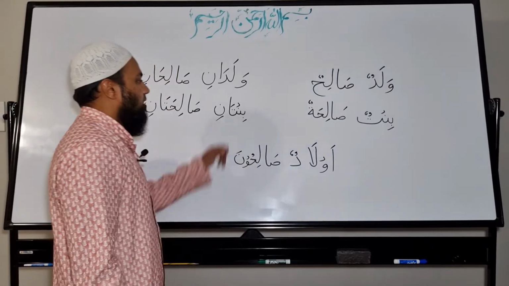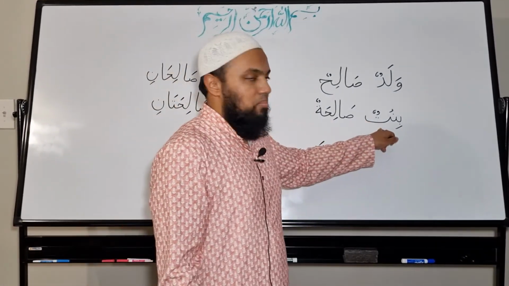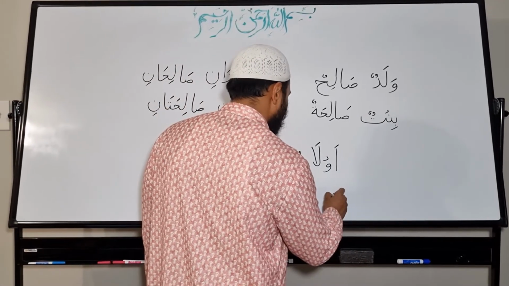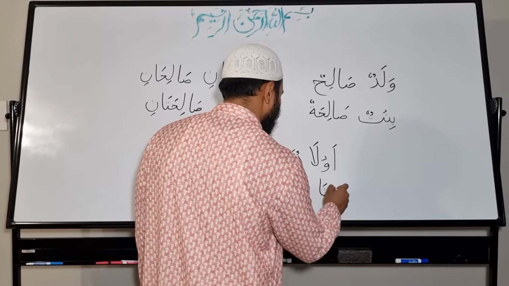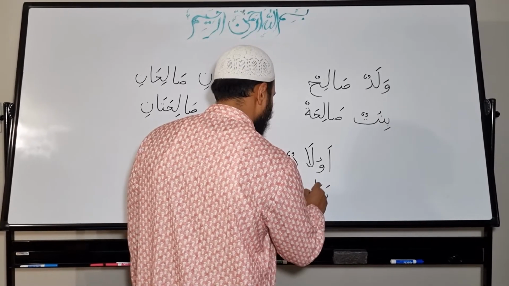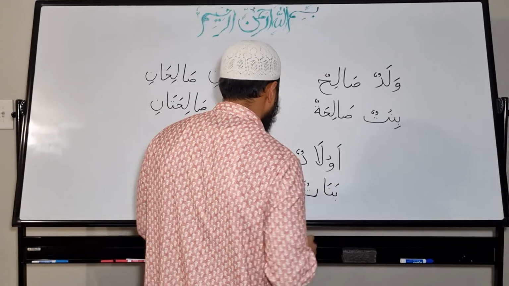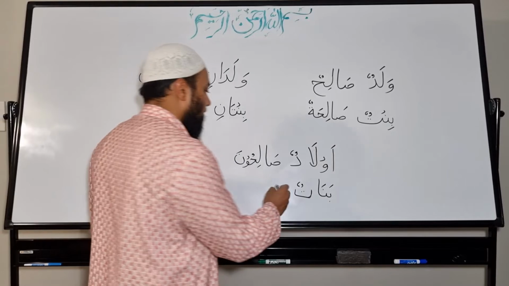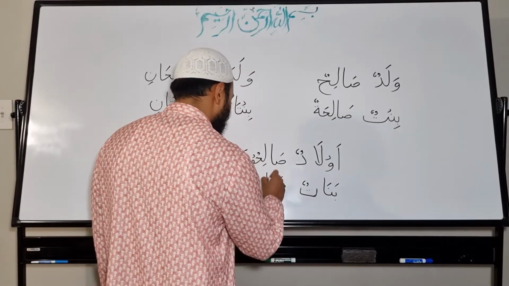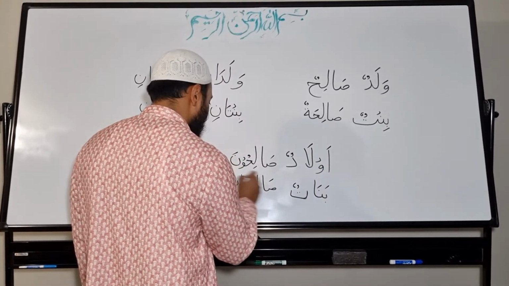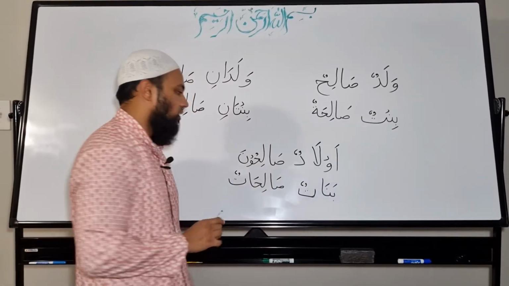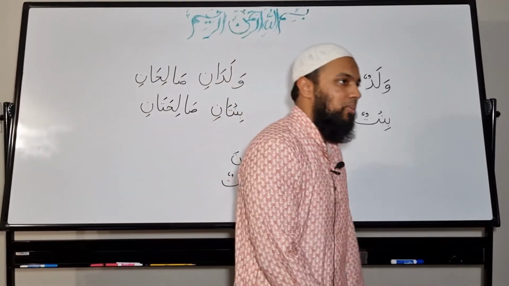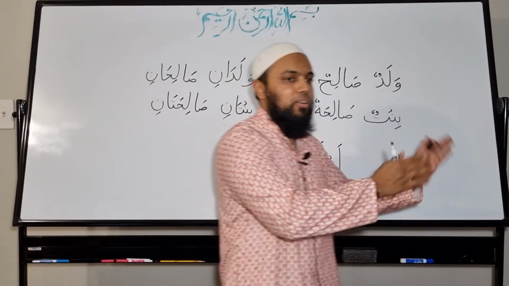Bintun, banatun salihatun, right? And whenever there is a ma'rifa, what you do is you add alif lam to both of them, right?